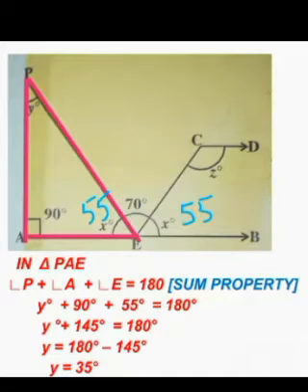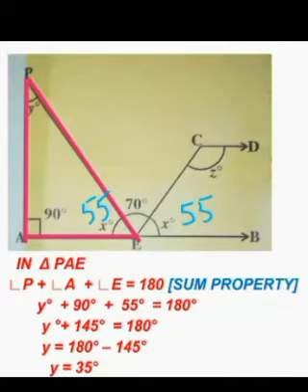So angle P is how much there? y degrees, plus angle A 90 degrees, plus angle E x degrees is equal to 180 degrees. x means how much did we get, children? 55 degrees. So angle y plus 90 degrees plus 55 degrees is equal to 180 degrees.